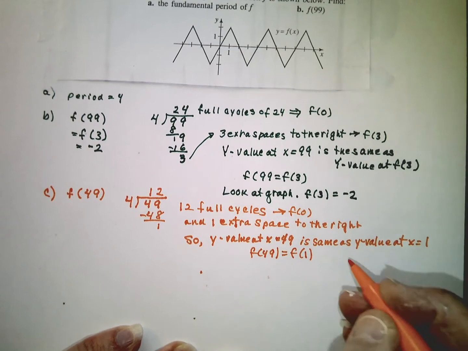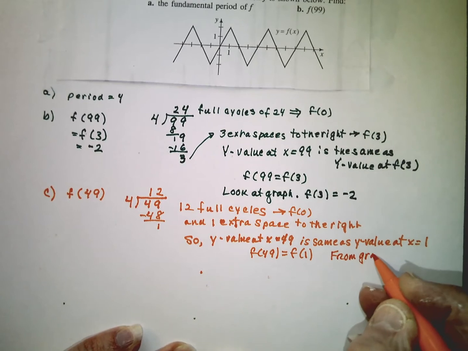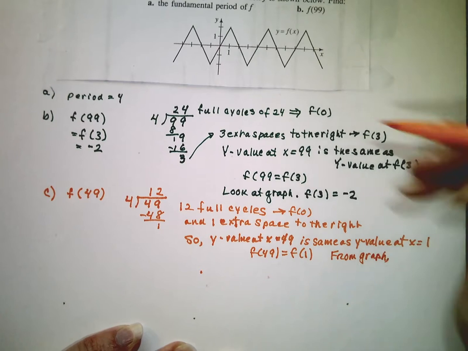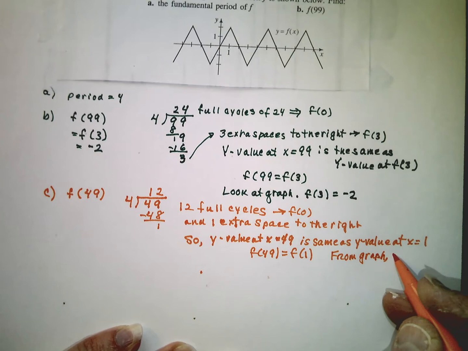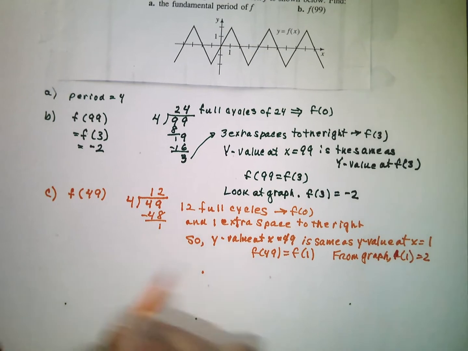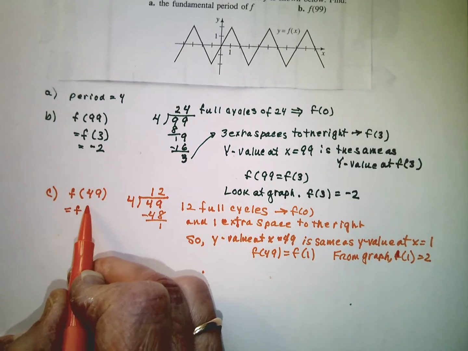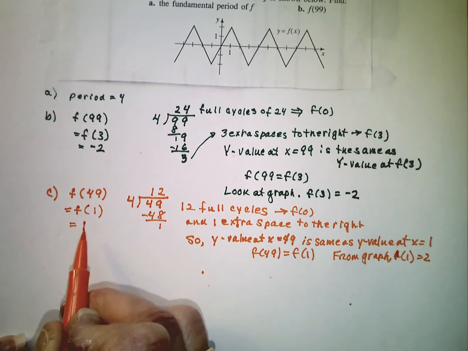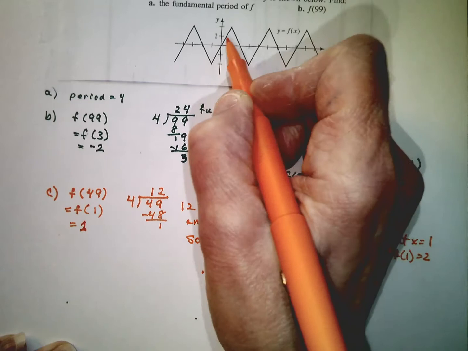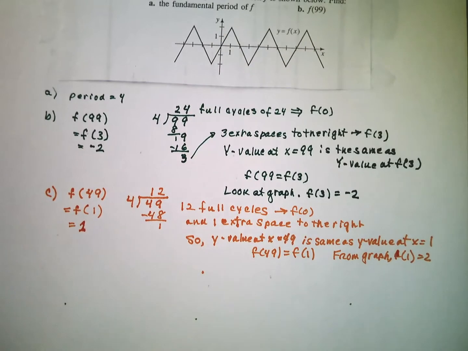According to the graph, when x equals 1, the y value is 2. So f of 49 is the same as the y value at 1, and that was 2 spaces up. One more.